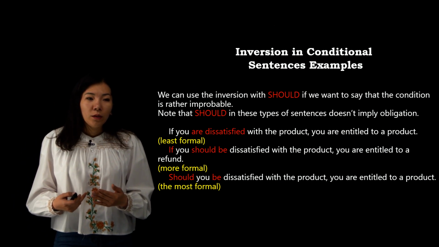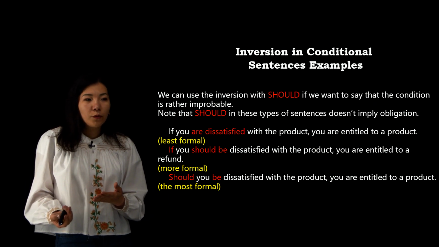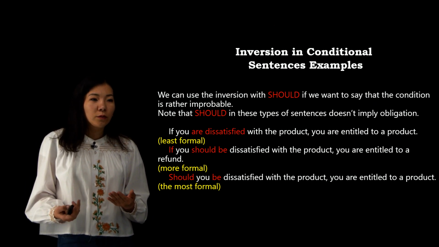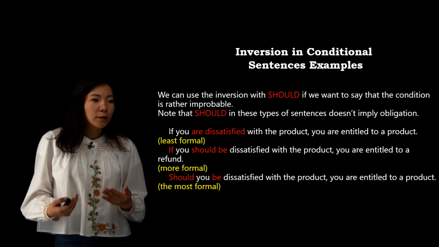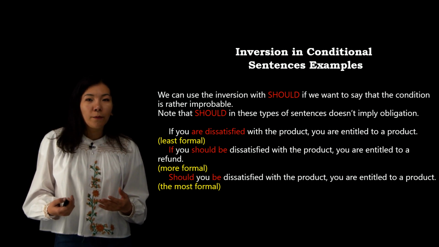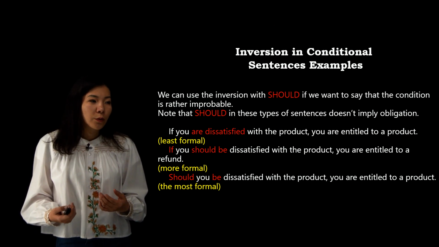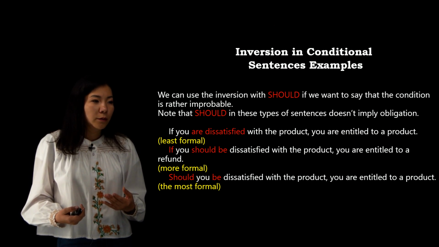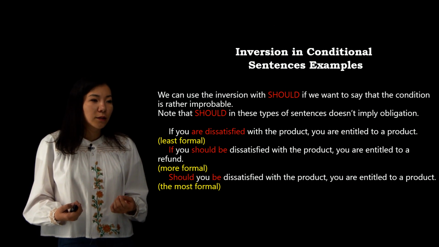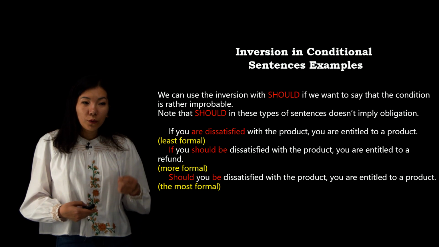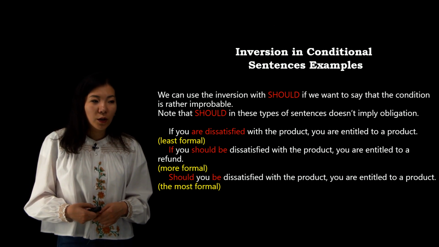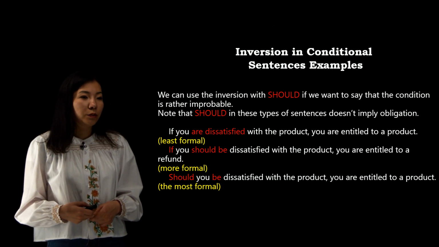Of course, this least formal sentence you can build when you are talking to your friends or acquaintances and so on. Next one: if you should be dissatisfied with the product, you are entitled to a refund.